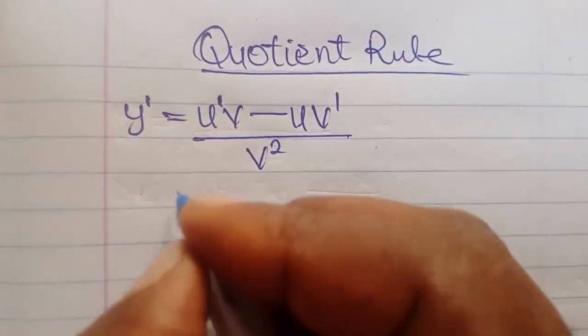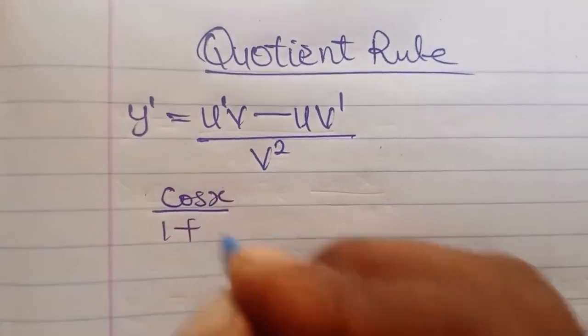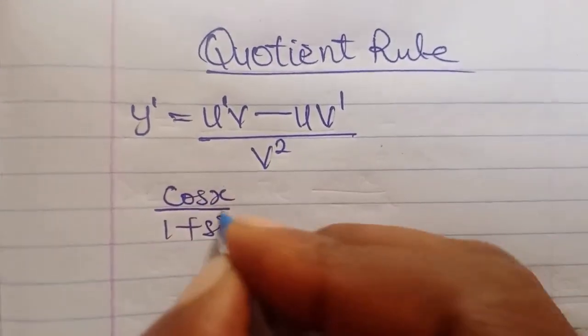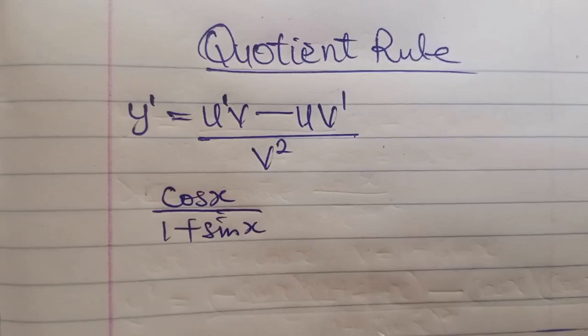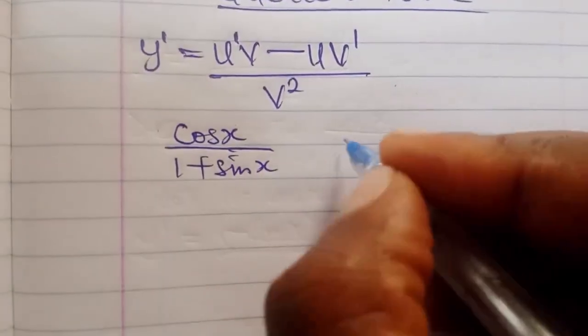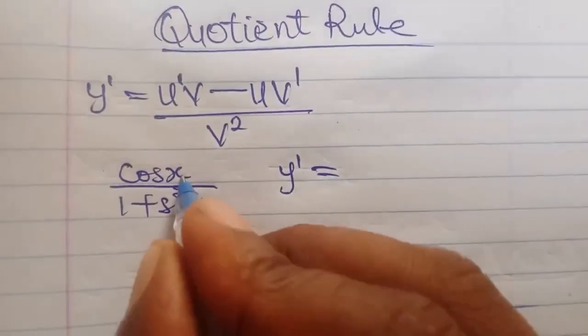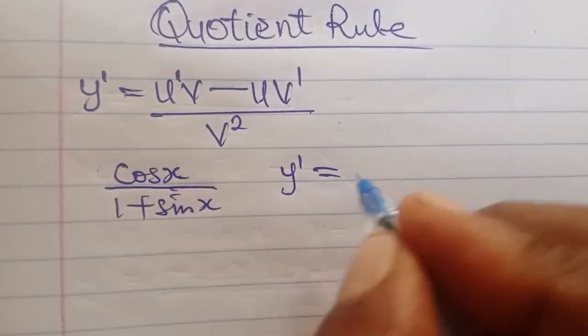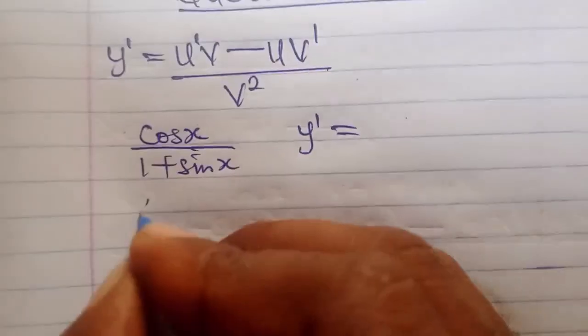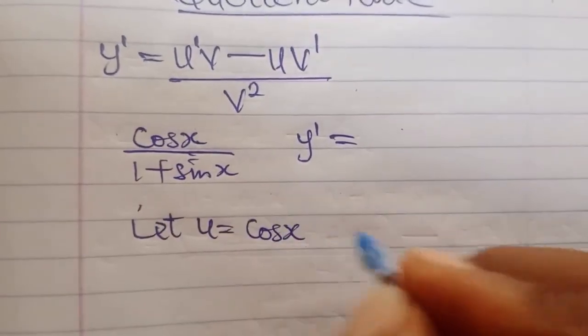If, for example, we are given to differentiate cos x over 1 plus sine x, we can use the quotient rule to do this. First of all, let u be equal to cos x.